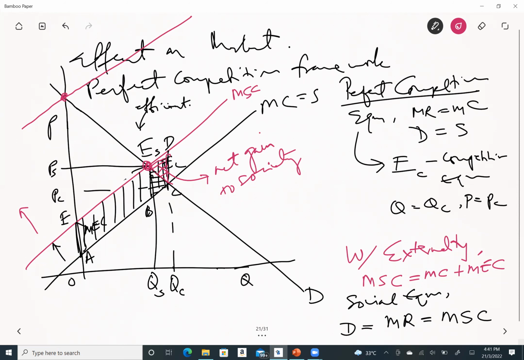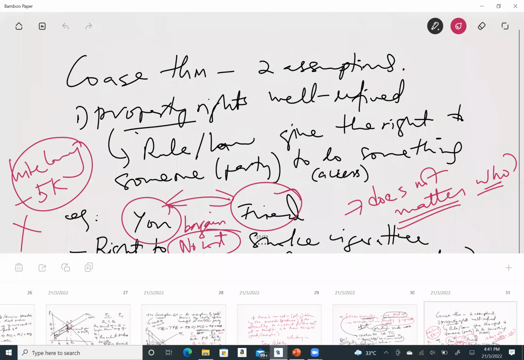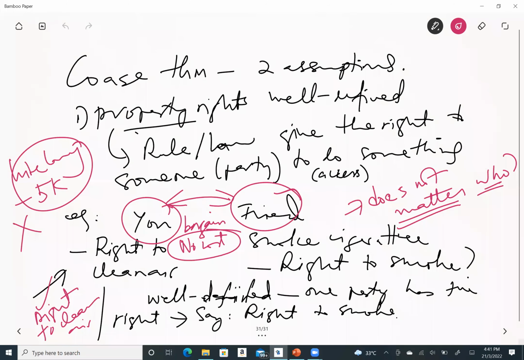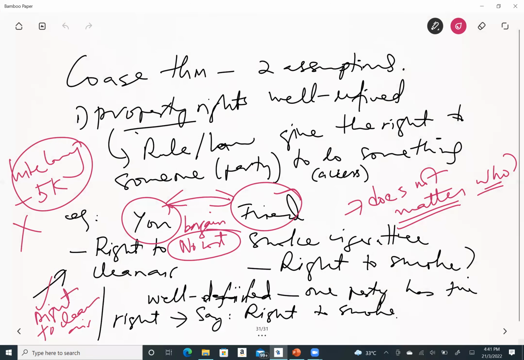Now let's consider an example of the bargaining. Suppose we look at a small situation here. Your friend smokes cigarettes and it's affecting you.